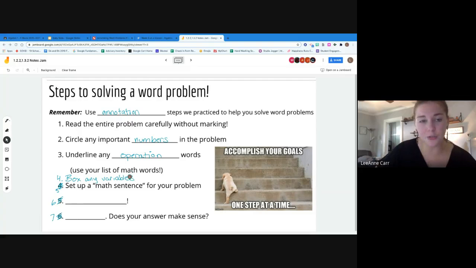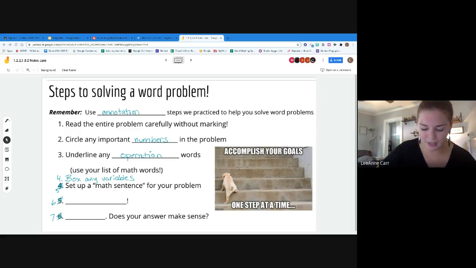So any unknowns in the problem, we're going to put a box around and then put some letter of the alphabet to indicate that it's a variable. Once we do those 3 things, we mark up our problem, then and only then we're going to start setting up our equation. Okay, and that's step 5.